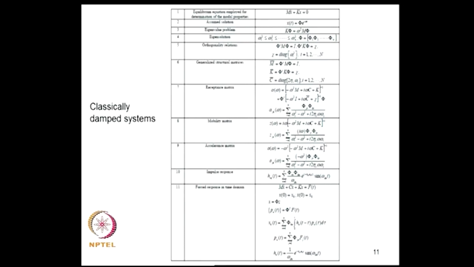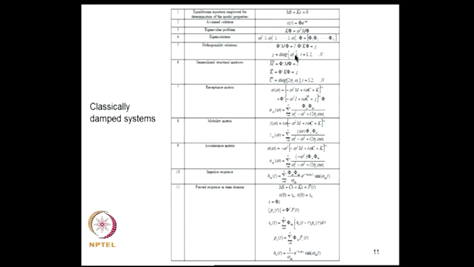So, to start with, we will quickly summarize the main results from linear vibration theory. Suppose you consider the undamped free vibration response of a multi-degree freedom system, M x double dot plus K x equal to 0. We assume all points on the structure vibrate harmonically at the same frequency, and we formulate this eigenvalue problem. This leads to a set of n real valued natural frequencies and a set of n real valued eigenvectors, and they have these orthogonality properties.